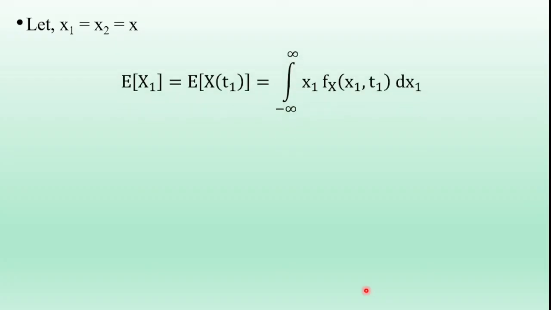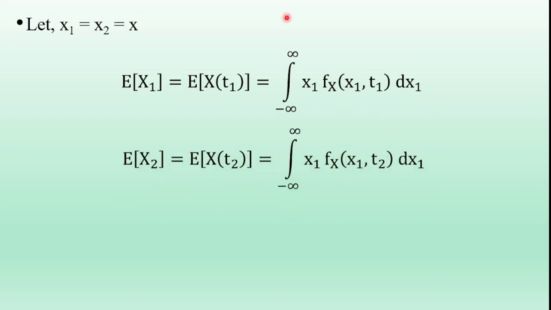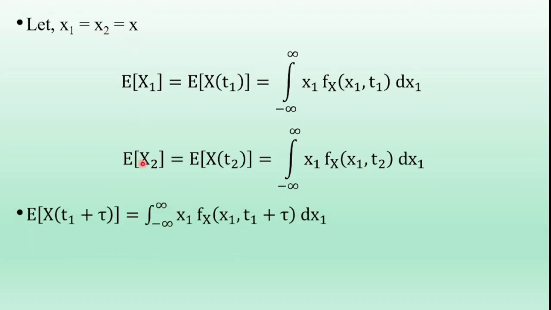From the above two expressions, the mean value of the first random variable, expectation of x1, is equal to integral from minus infinity to infinity of x1 into fx of x1 comma t1 dx1. The second time instant t2 is considered as t1 plus tau.